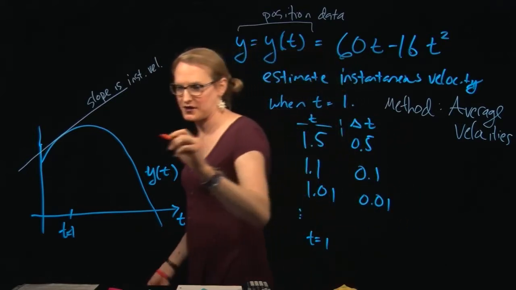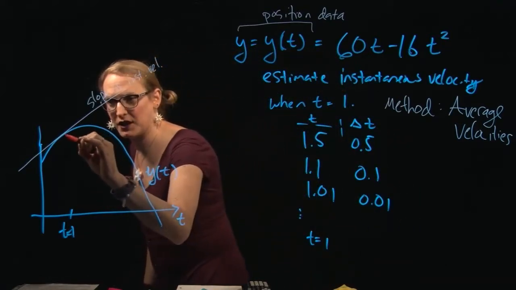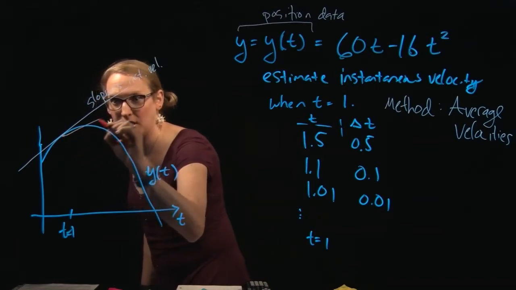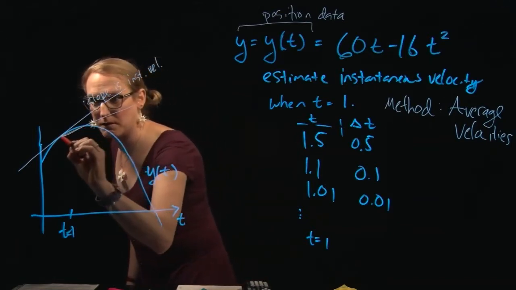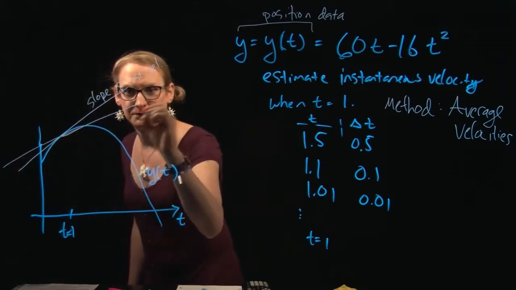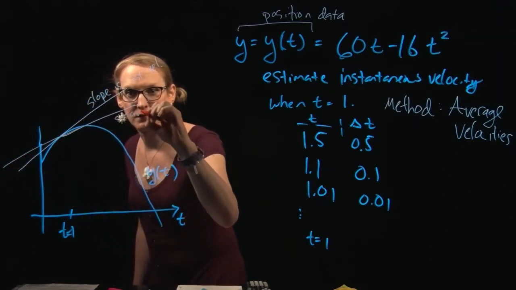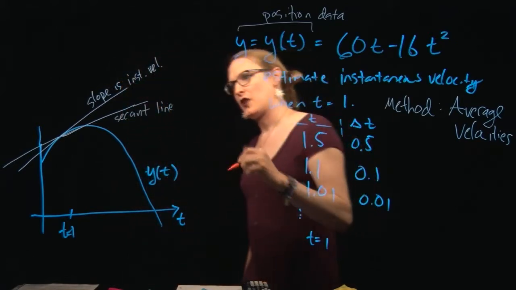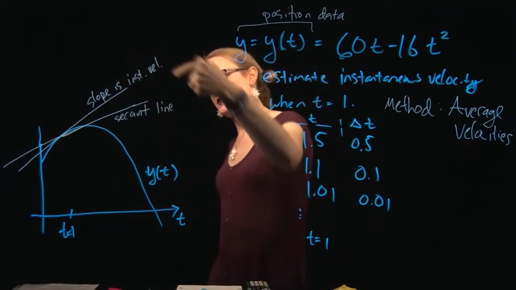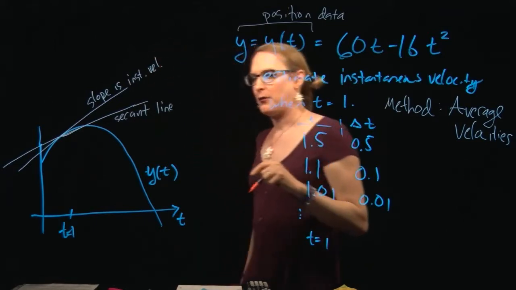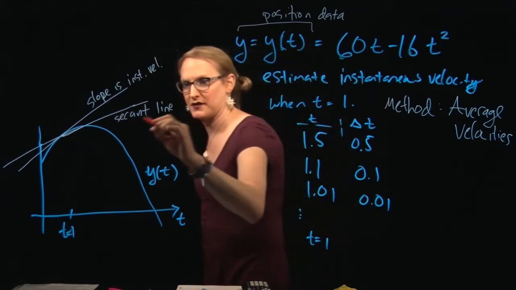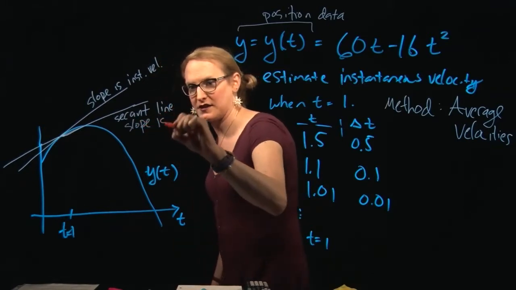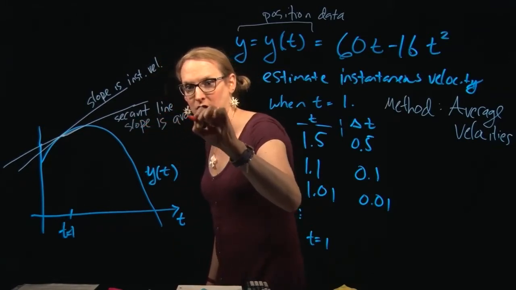But we can't get it, so we're going to settle for computing secant lines. So here's a secant line. We're going to turn the secant line into the tangent line by doing a limiting process. And the slope of the secant line is the average velocity.